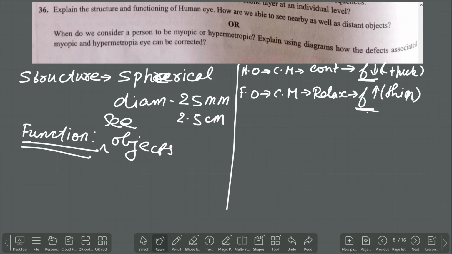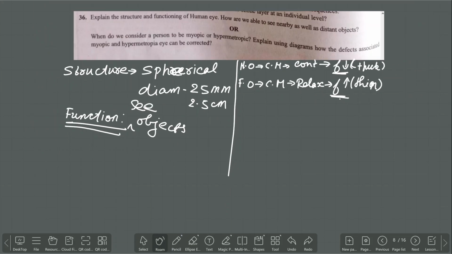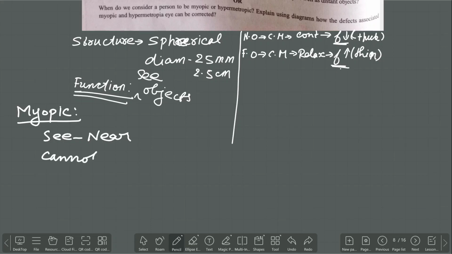Next, when do we consider a person to be myopic or hypermetropic? First let us write what is meant by myopic. When we consider a person to have myopia, he can see nearby objects but he cannot see far away objects. So at that time we can say that the person is suffering from myopic eye. And hypermetropic means the same but just the opposite.